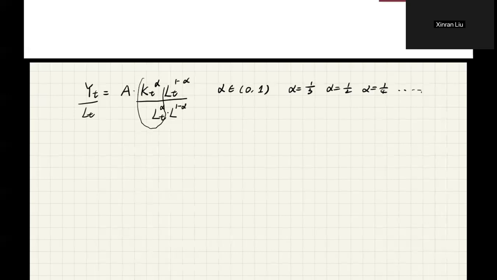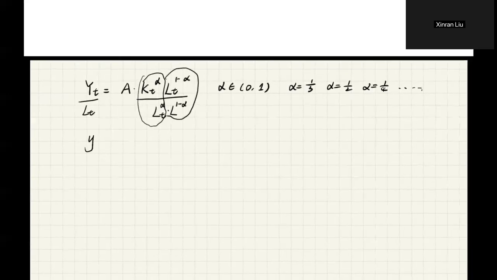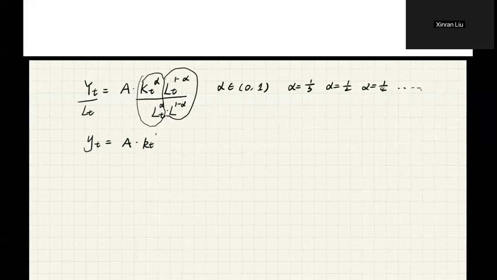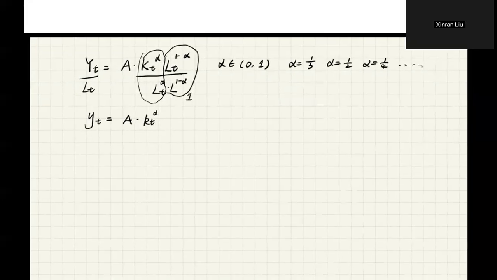Now the left-hand side is small y_t, and the right-hand side is small k_t to the alpha, and the remaining term is just 1, so we delete it. Now this is the production function you have.